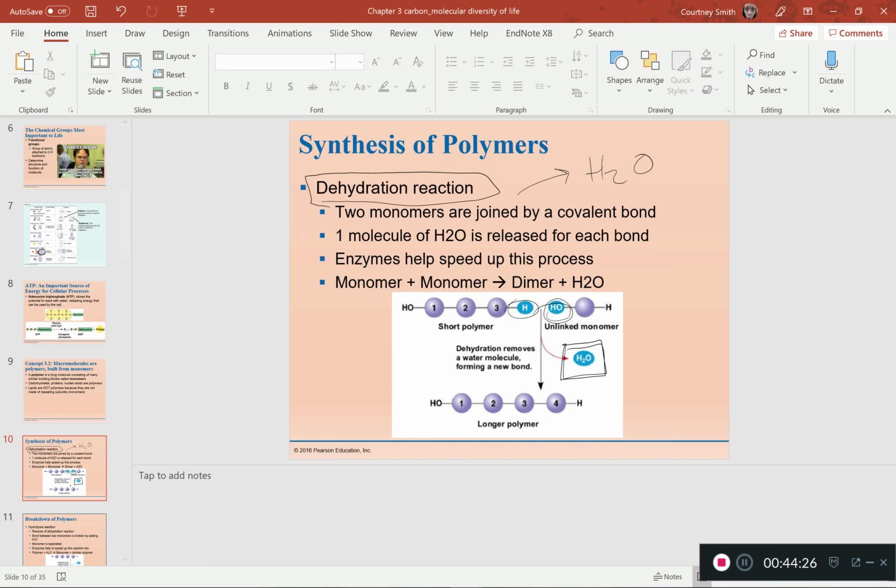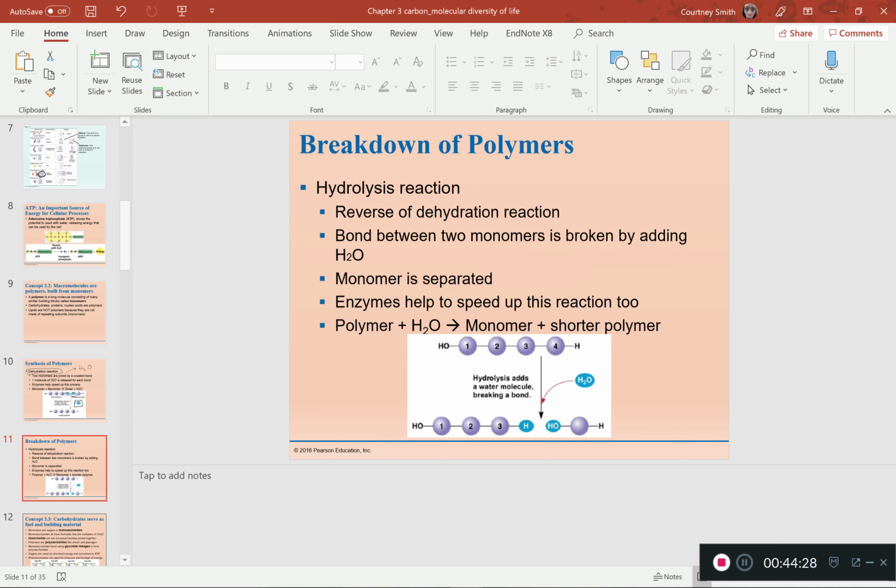Now what's the opposite of dehydration? Hydrolysis, meaning that you're breaking apart water. Water is HOH written out rather than H2O. These are the same thing. So what happens is that you break this water molecule right here.